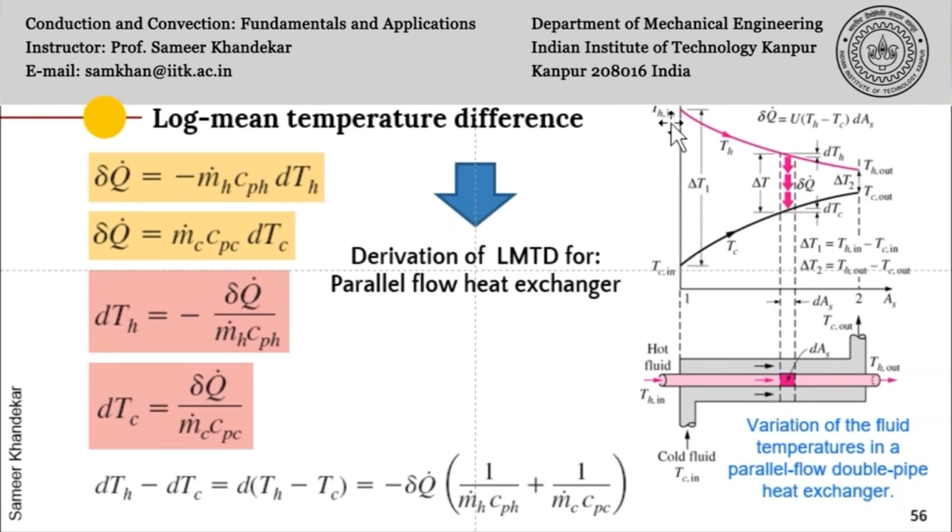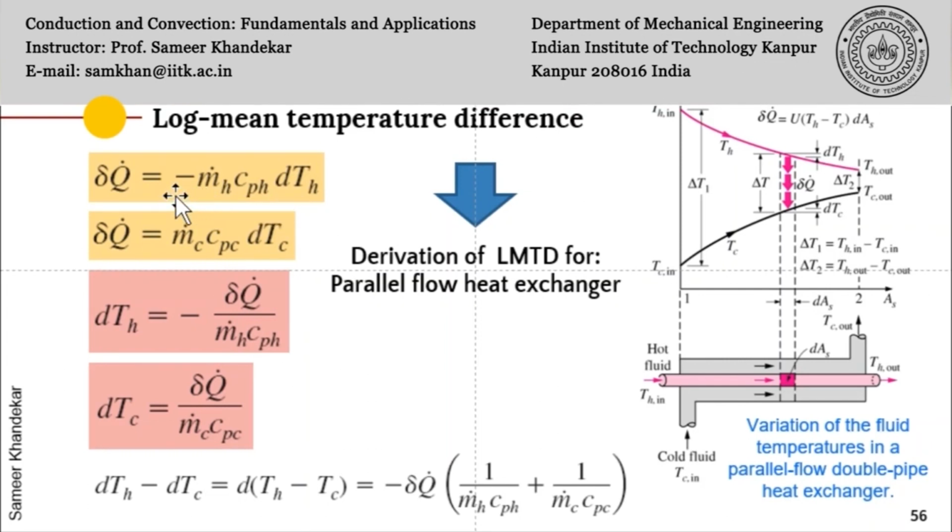So this is the hot inlet, this is the hot outlet, this is the cold inlet, and this is the cold outlet, and this derivation we are doing for a parallel flow heat exchanger whose qualitative temperature profile is shown here. And we will take a small element wherein heat transfer is taking place from the hot fluid to the cold fluid, and naturally for this small section, we can write the equation delta Q dot is equal to minus m dot Cph into dTh.